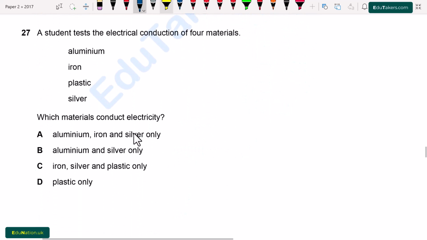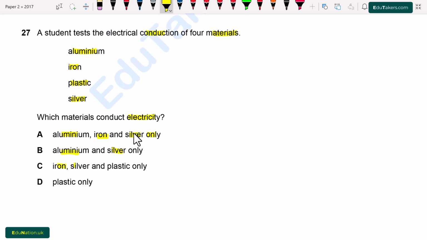Question number 27. A student tests the electrical conduction of four materials: aluminium, iron, plastic and silver. Which materials conduct electricity? Only those materials conduct electricity that are conductors, that have an excess of free electrons. Option A. Aluminium, iron and silver only. B. Aluminium and silver only.